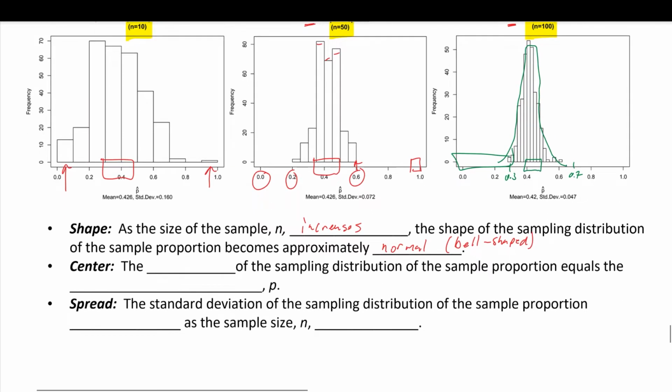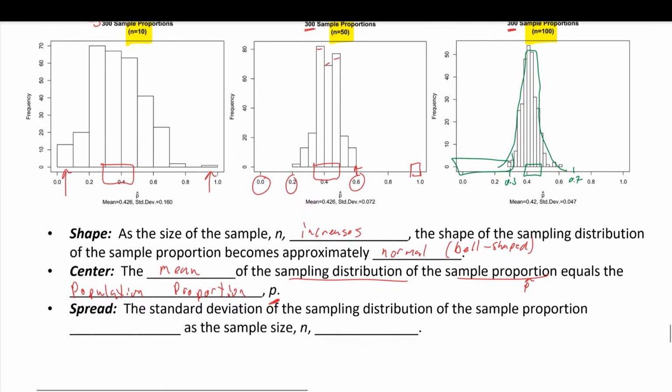What can we say about the center? Well, the mean of the sampling distribution of the sample proportion, that's p hat, equals the population proportion, p. So on average, all the sample proportions that you take should target the true population proportion.